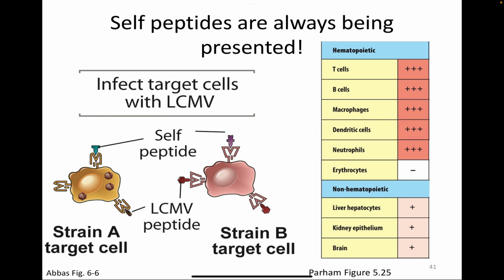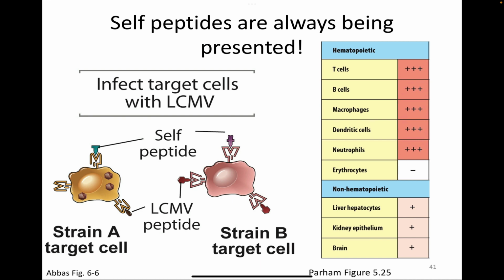Your body has a way to actually check are self proteins being presented. This is such a common strategy for so many viruses that you have actually evolved a way to check, is there MHC on the surface of my cell at all? If there's no MHC class 1 on the surface of the cell, that means some virus is mucking it up, is trying to hide.